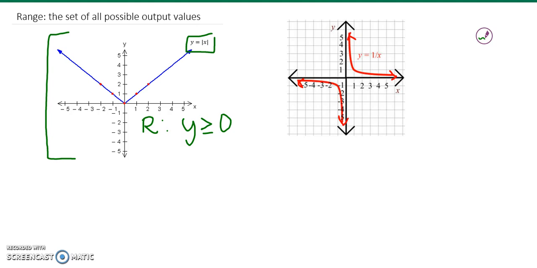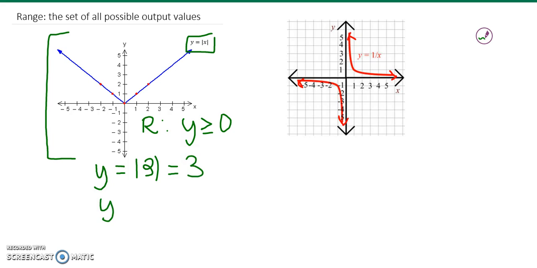We can confirm this by plugging in values for x, the input, and finding the pattern in our output values. For example, if we plug in 3 into the absolute value of x, we will get 3.